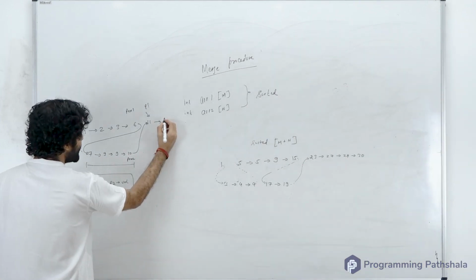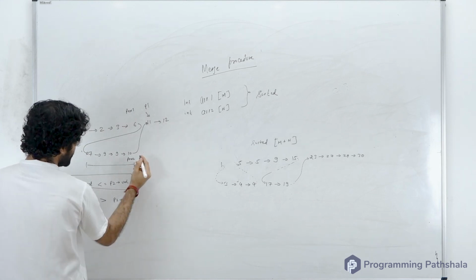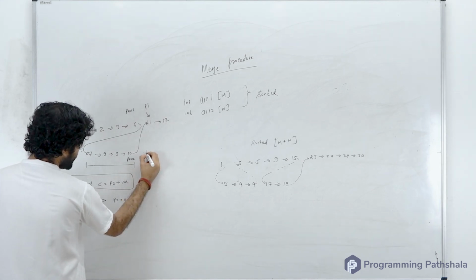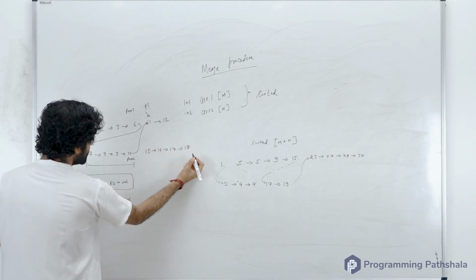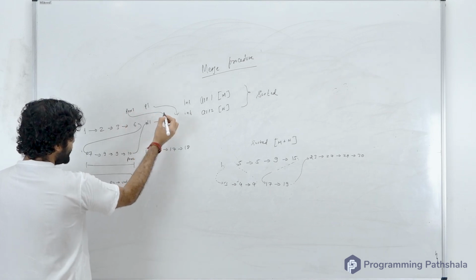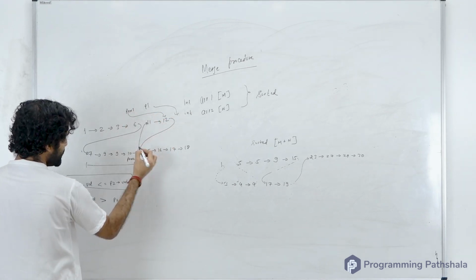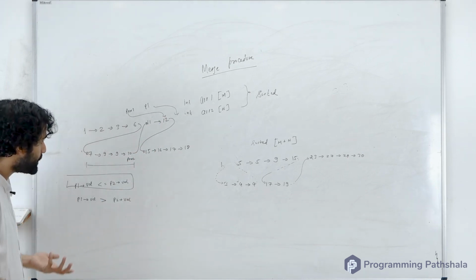Let's say there was a 12 over here, and then there was nothing over here. And then the remaining part over here, let's say it was 15, 16, 17, 18. So this P1 would become null, and this prev1 would be here, and now you'll connect this prev1 with this. And then once your P1 is null, you can say that, hey, your job is done.